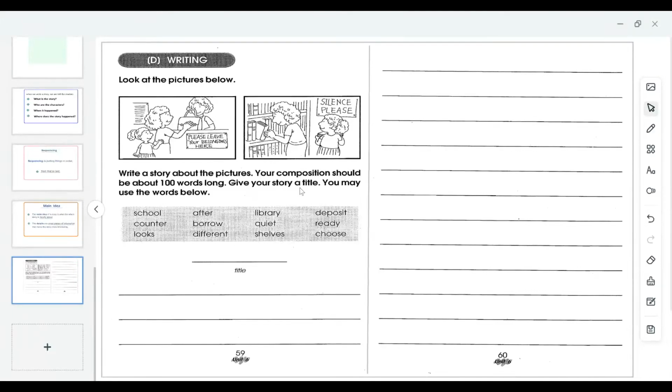And you may use the words below. They already give you the words, so try to put them in as much as you can. Some of the students already tried to put adjective words into our writing, which is really good. Good try.